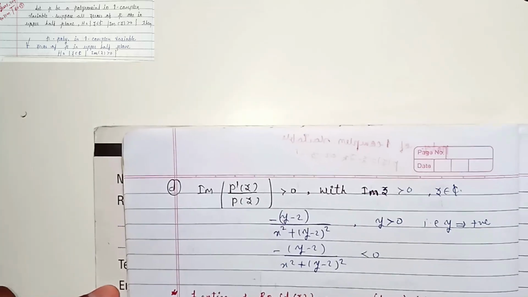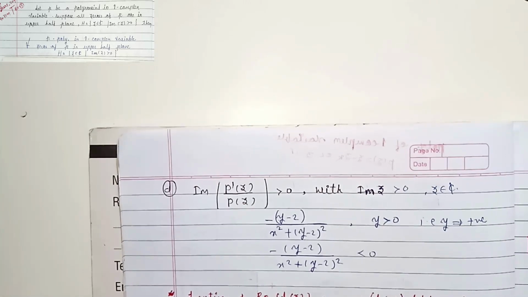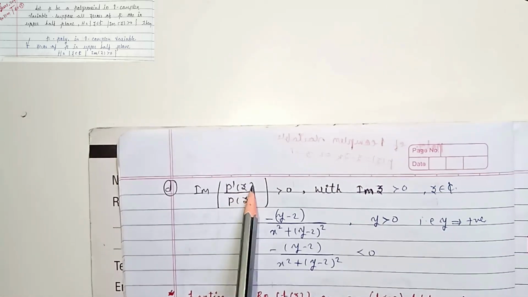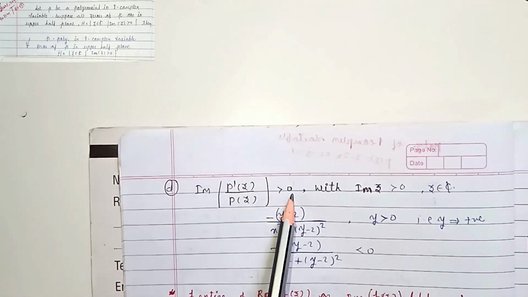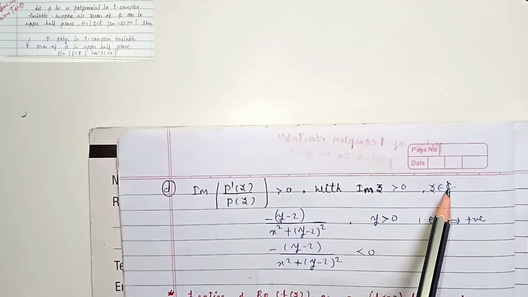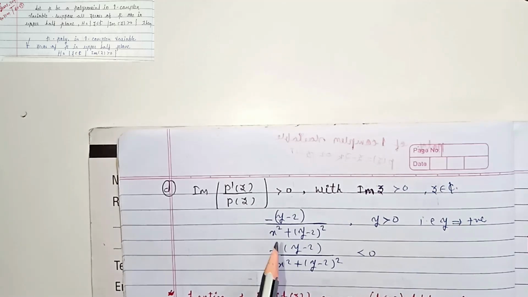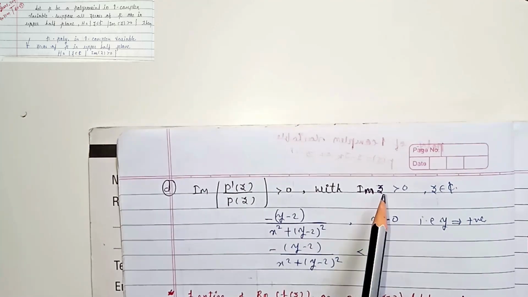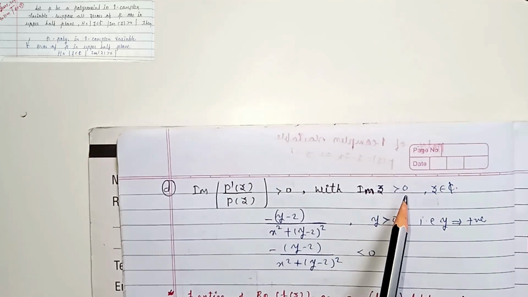Now let's check out the last option. Imaginary part of p dash of z upon p of z is bigger than 0, with imaginary part of z bigger than 0, and z belongs to complex numbers. Here we have taken this term already, but there we took the imaginary part smaller than 0.